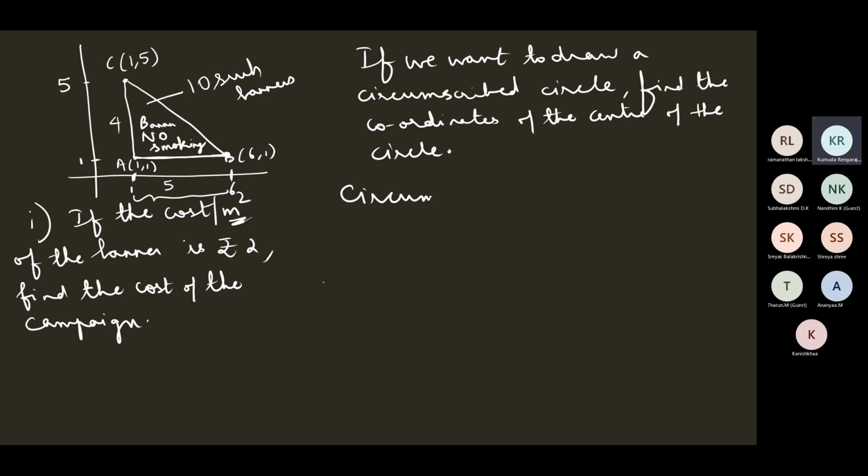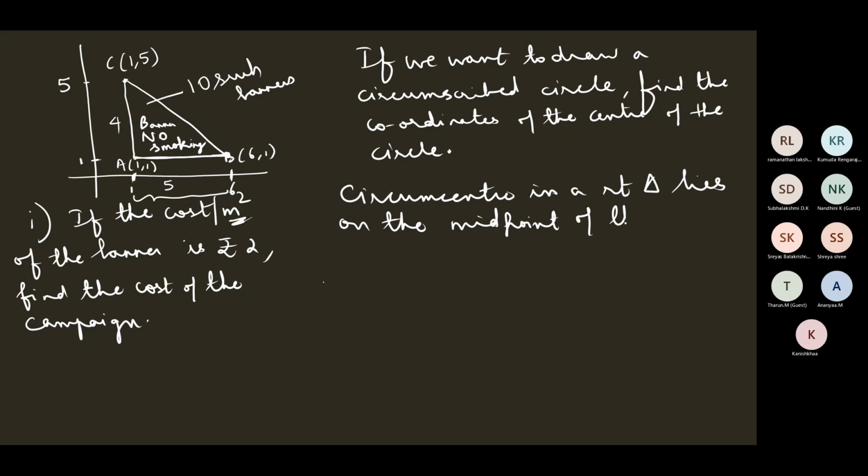Circumcenter in a right triangle lies on the midpoint of the hypotenuse. Circumcenter in a right triangle lies on the midpoint of the hypotenuse.